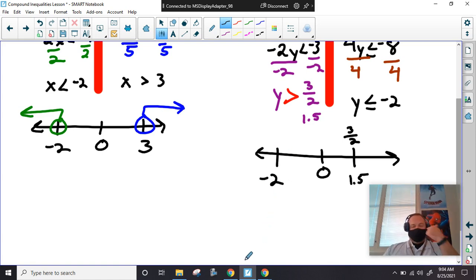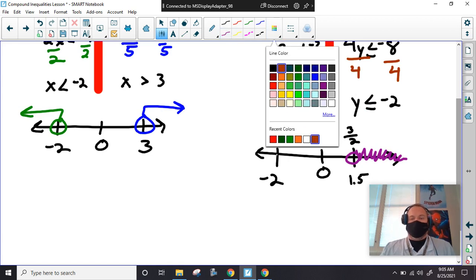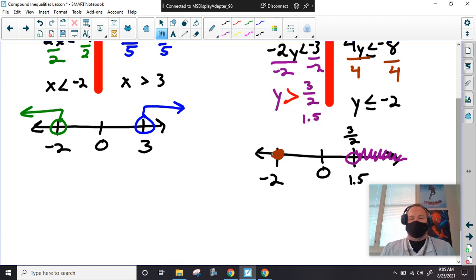Yeah, you're right. So what's funny is this purple, what's over here in purple, is actually going to be graphed on this side. It's going to have an open circle and go this way. And then what's over here is going to have a closed circle and go that way.